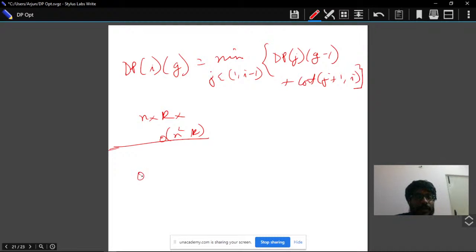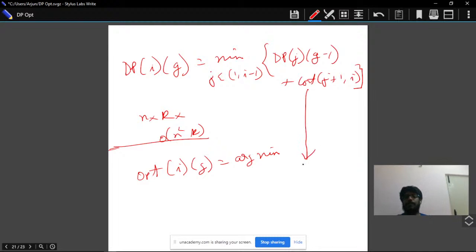Let's say opt. I think opt is what they use in the editorial of this. So opt of ig is basically the min j such that this term is equal to dpij, the first place where you can break. So it's the arg min of this entire thing. This is opt ig.